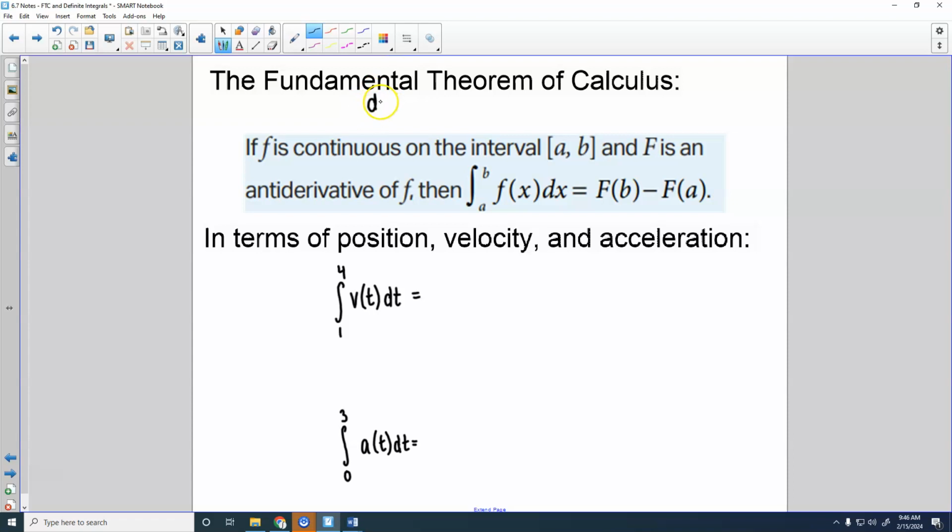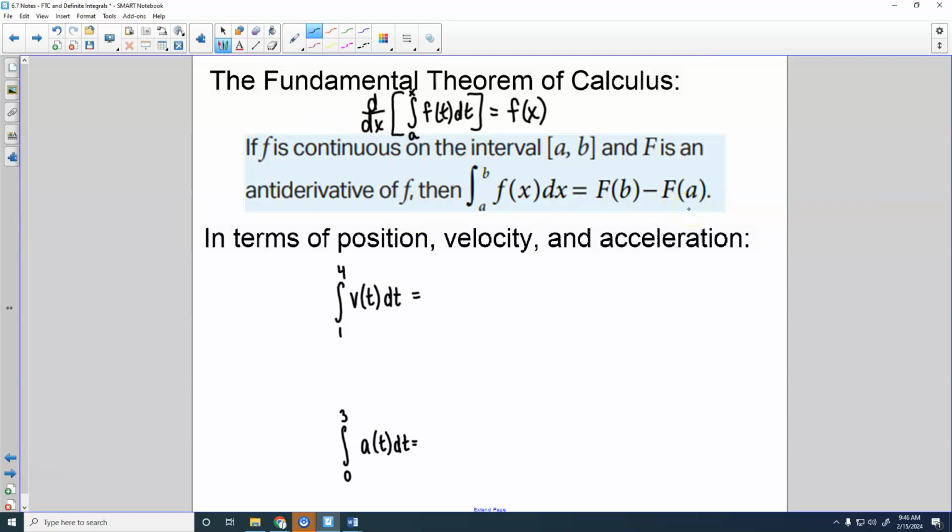If I take the derivative of the integral from a to x of f of t dt, then it is just going to give me the function f of x. All right, so that's the fundamental theorem of calculus that we have already looked at.